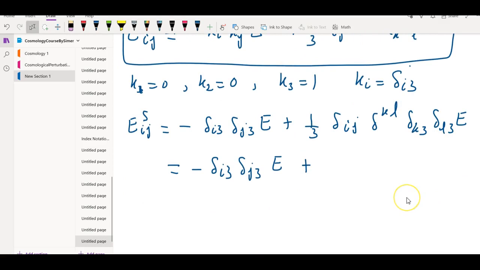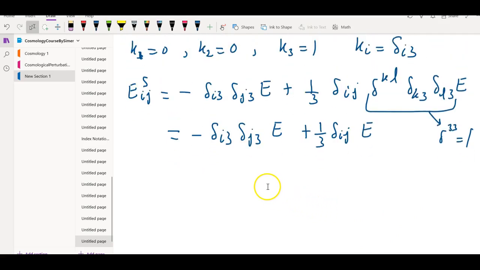So this would make it delta 3 is equal to 1, right? So when you contract here, this will become 1. So we get 1 by 3 delta Ij E.